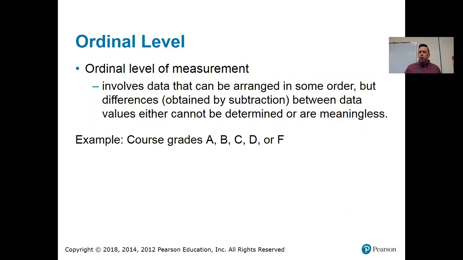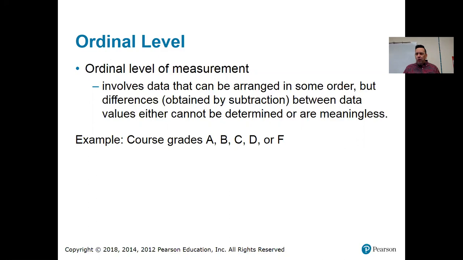Another example is course grades, A, B, C, D, F. Now, I'm not 100% sure, and let me just tell you up front that there is sometimes some gray area between these levels of measurement. You could make a decent argument that course grades are a little better than ordinal, because people do talk about, oh, my friend got a grade that was 2 grades higher than mine.